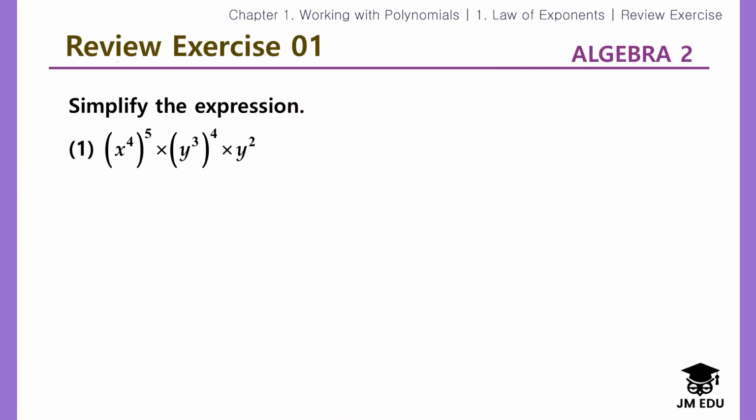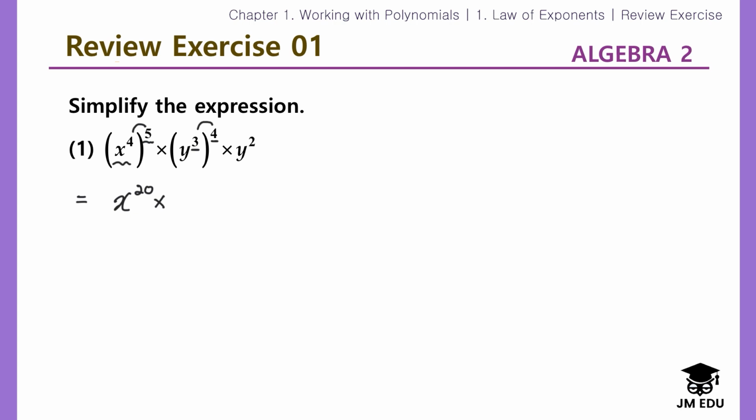Let's simplify this expression. For number 1, we have x to the 4 to the power of 5. So multiply these two, right? 4 times 5, that's 20. So we have x to the 20 times y cubed to the power of 4.